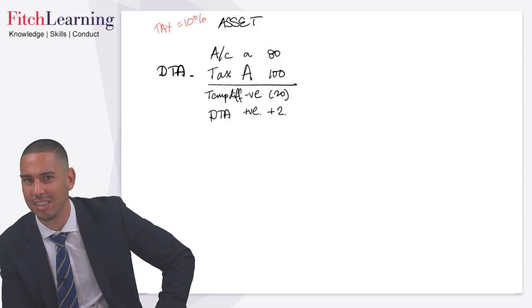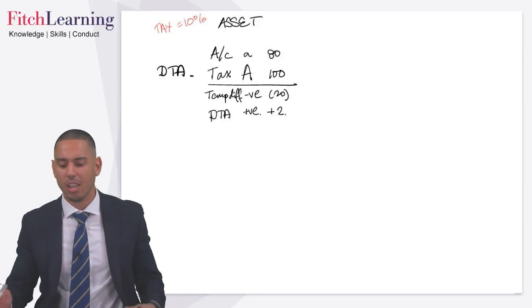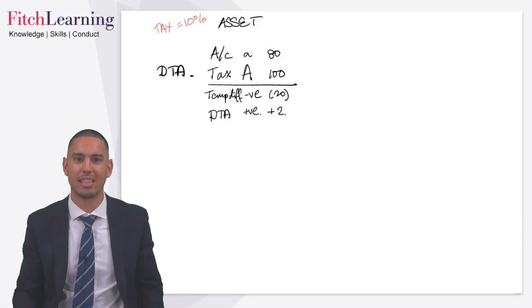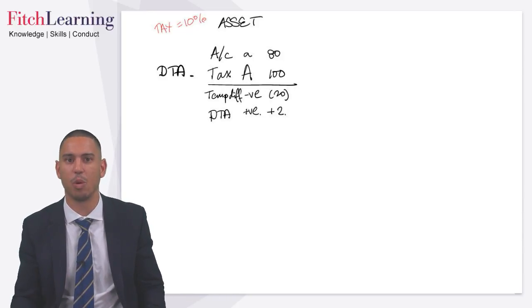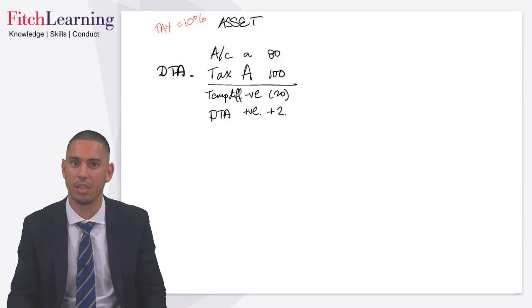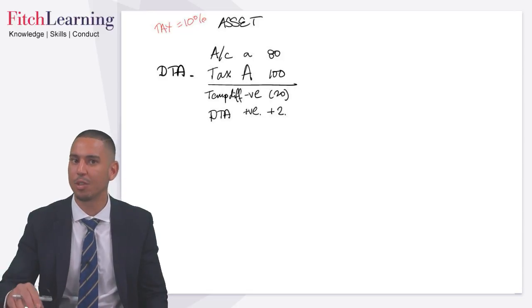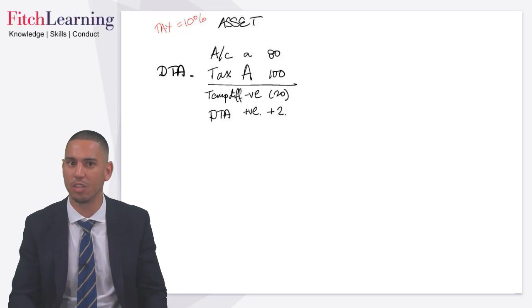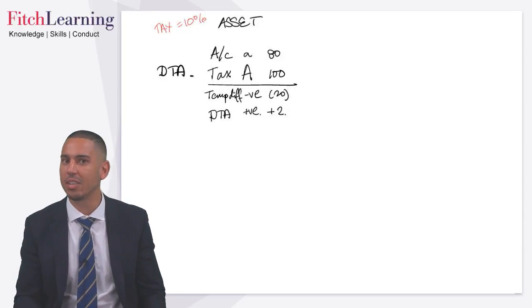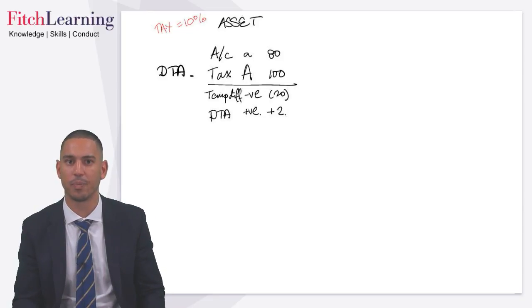Now that's applying the pro forma. You care about understanding the logic as well, I hope. So I've got this amazing new laptop in front of me, and let's just say this asset, this laptop in front of me, is worth $80 according to my accounts. If I were to sell this laptop that is worth $80 according to my accounts for $80, my accounts say that I've made no gain or loss on my disposal.